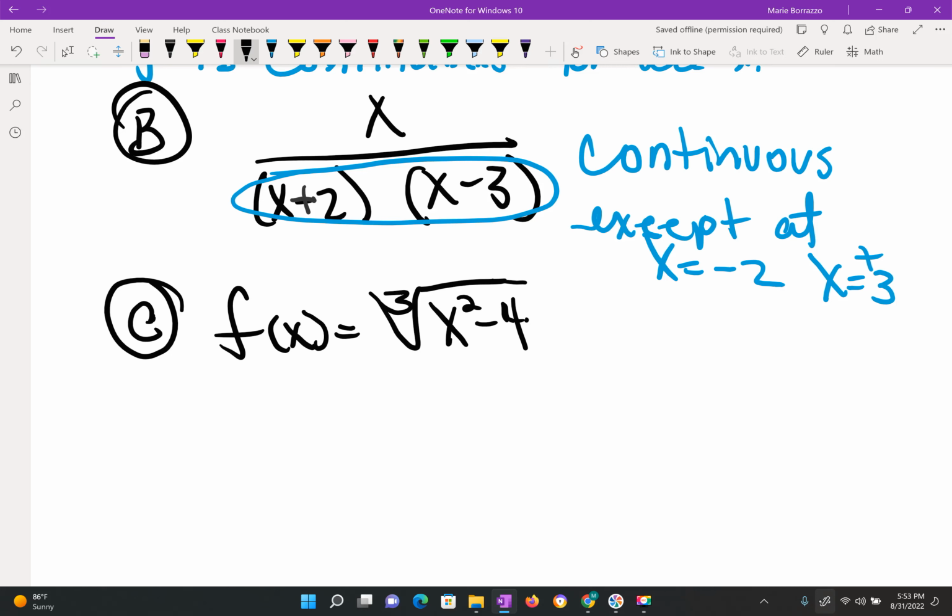Remember, cube roots can be positive numbers, they can be negative numbers. It's going to work out either way, right? So in our example, we would answer for this one, since it is a cube root, so n is 3, being that it is odd, we have an odd root. The function is continuous.